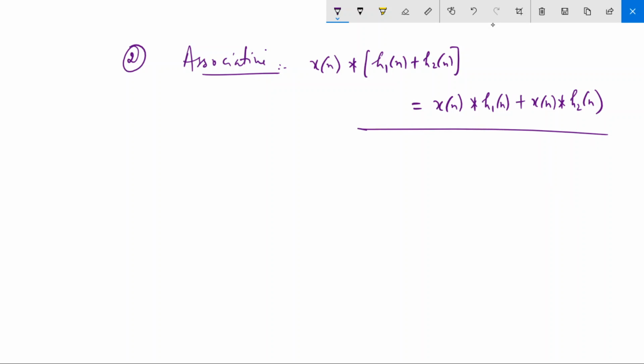Okay, this is just like a into (b plus c) is equal to ab plus ac. This is the associative property in the number system.